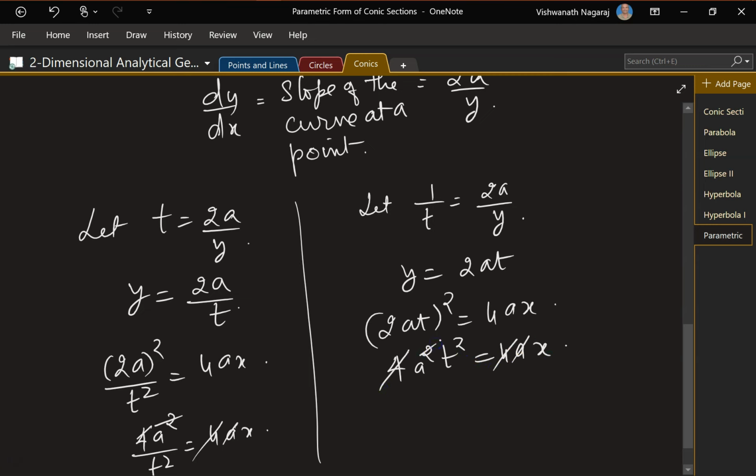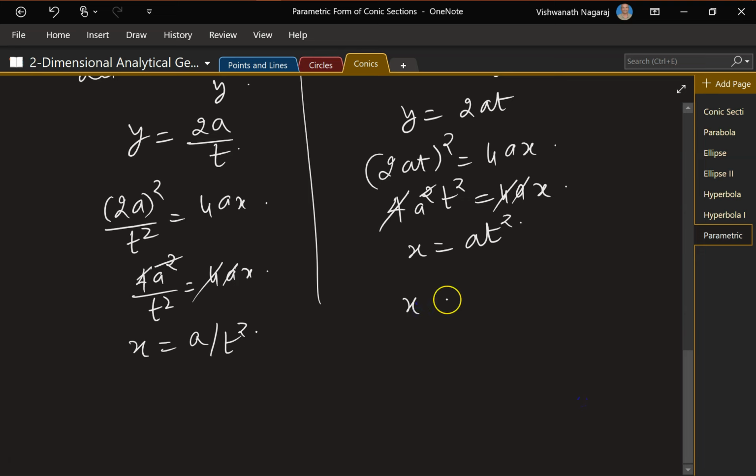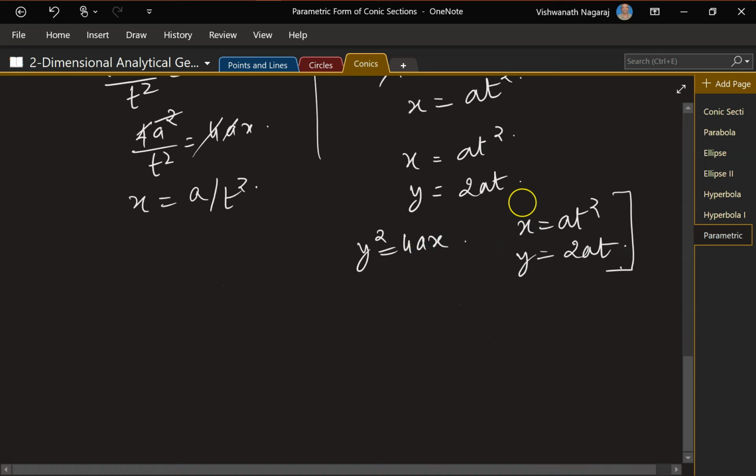One of the a's goes, so x is equal to at square. So here x is at square and y is equal to 2at. In the standard form it is y square is equal to 4ax. In parametric form it's a combination of these two. So the parametric form is this and t is the parameter.